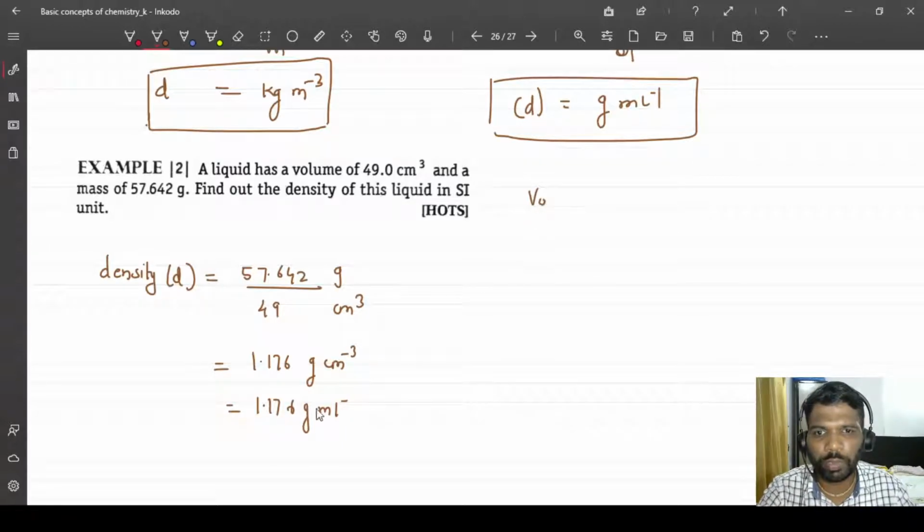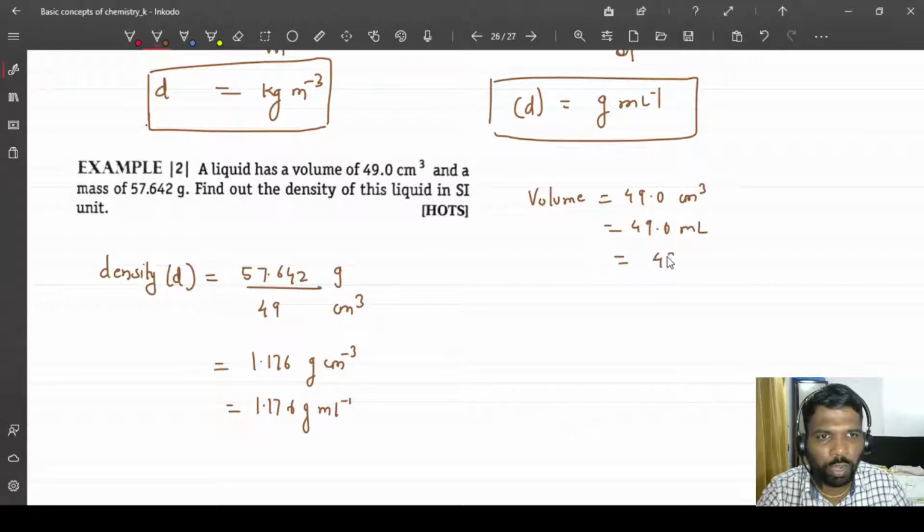What is the volume given? Volume given over here is 49.0 centimeter cube, which is equal to 49.0 ml, which is equal to 49 into milli, which is 10 raised to minus 3 liter.